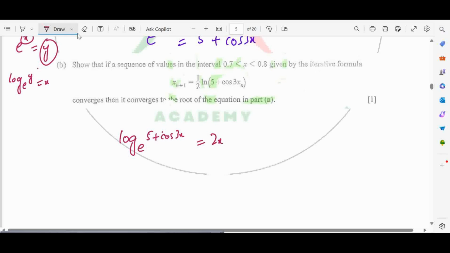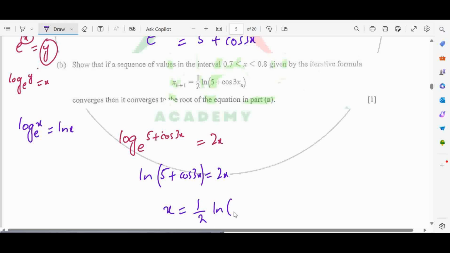Now we know that log of x to the base e is equal to natural log of x. Just write it as natural log of 5 plus cos of 3x is equal to 2x. If we divide by 2 on both sides, x will be equal to 1 by 2 natural log of 5 plus cos of 3x. I hope the concept is clear. If we compare it here, the answer will remain the same.